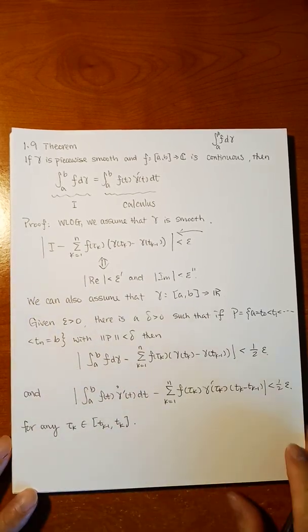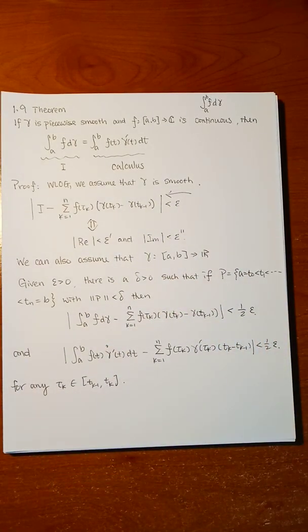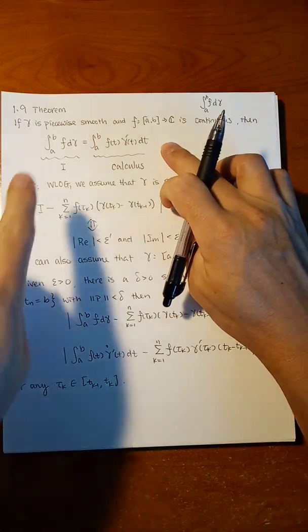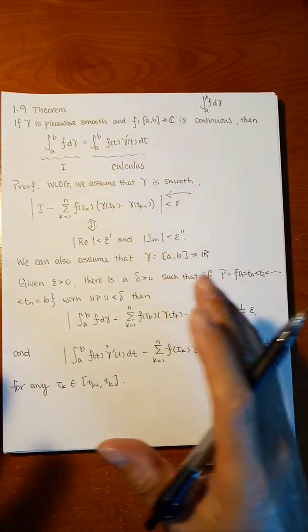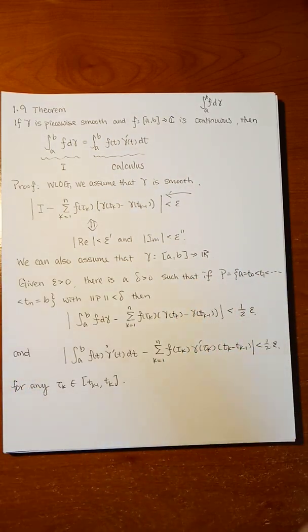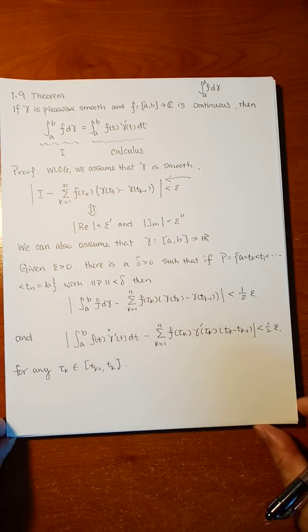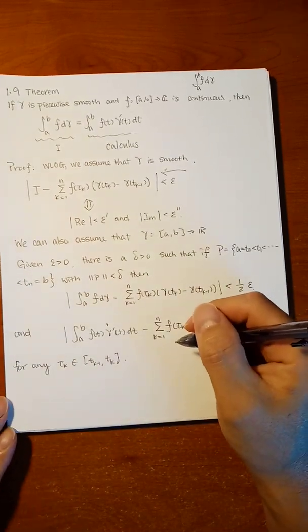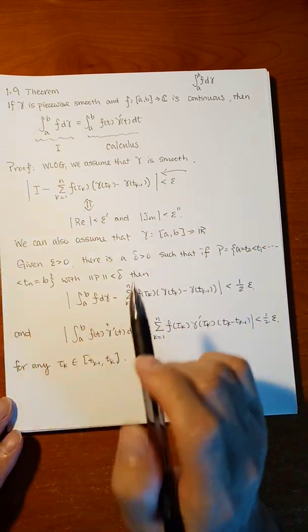So for whatever choice of sample points, you always have these two inequalities. This is just a translation of the left hand side and right hand side separately. So far we do not connect them. And then let's try to connect them. The connection is this smooth gamma.